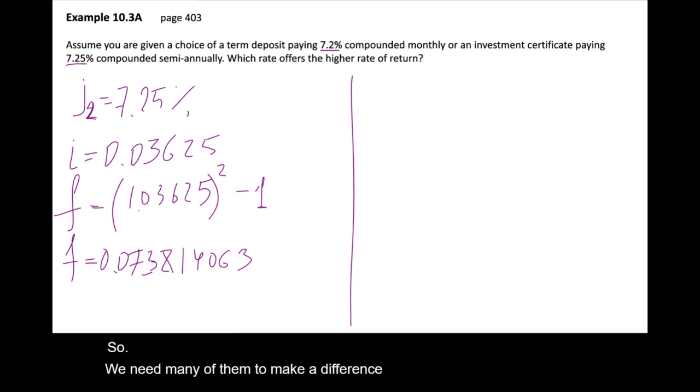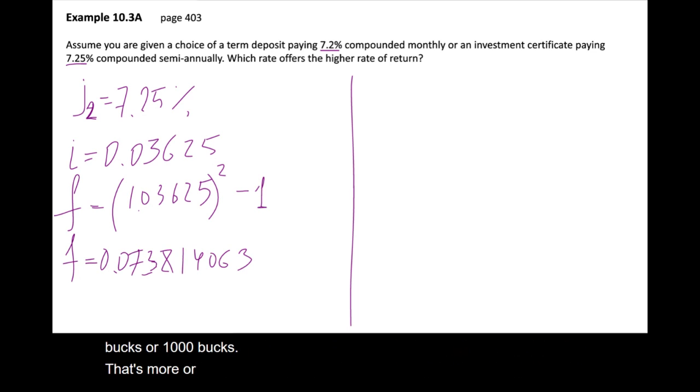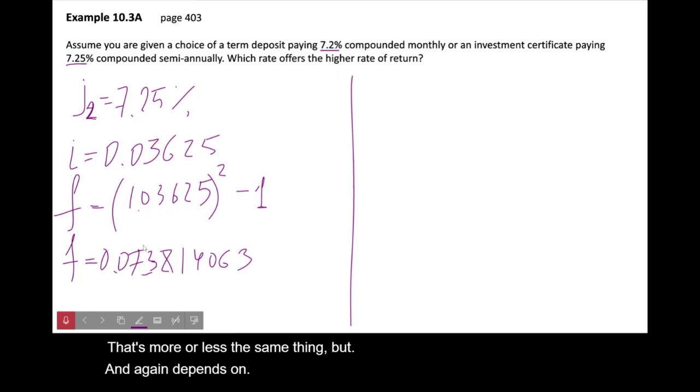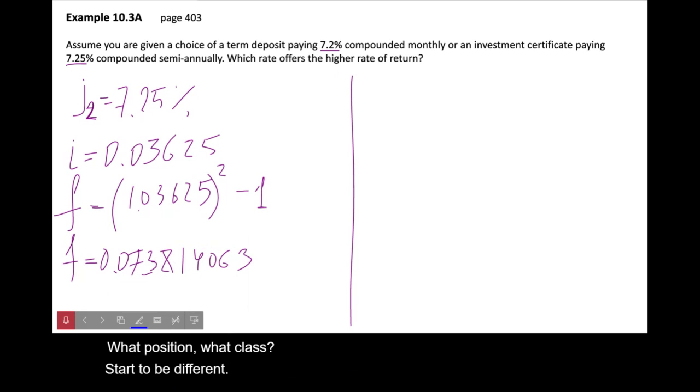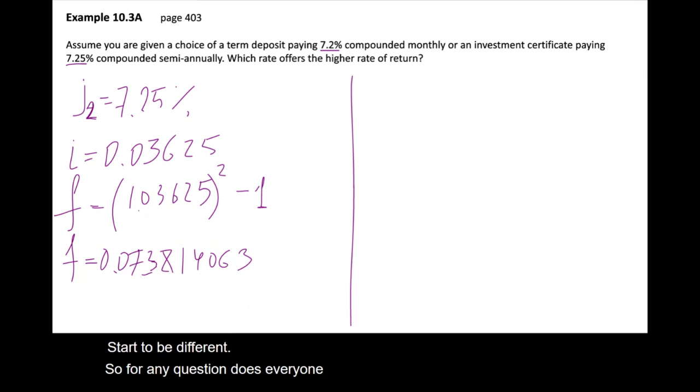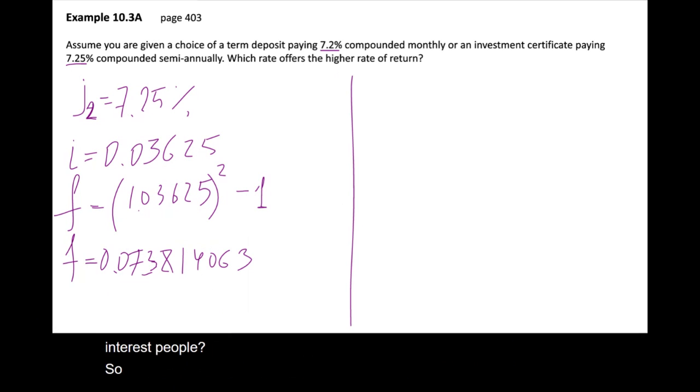Of course, if you invest like $100 or $1,000, it's more or less the same thing, but it depends on the position. So far, any questions? Does everyone understand how I found the effective rate of interest, people? So finish your calculations. Let me know when you're done.